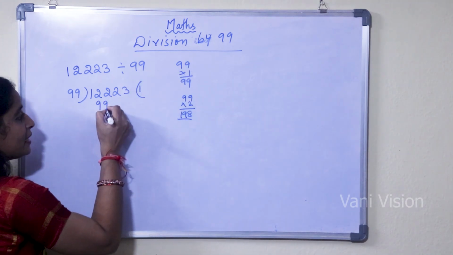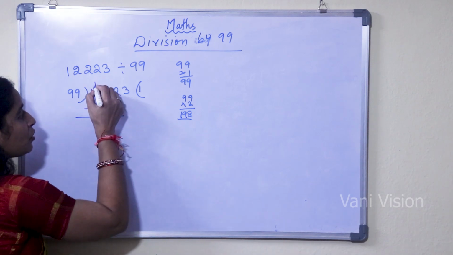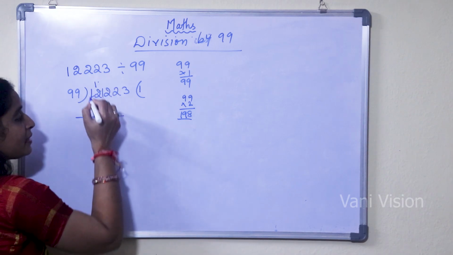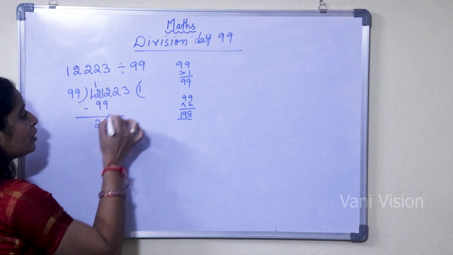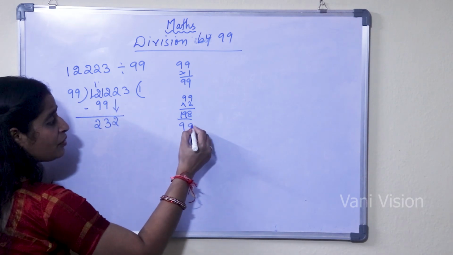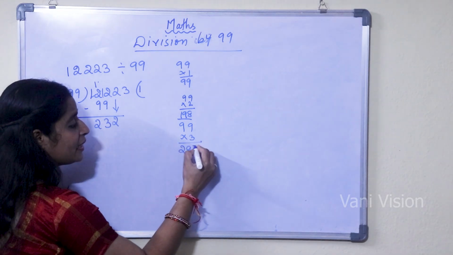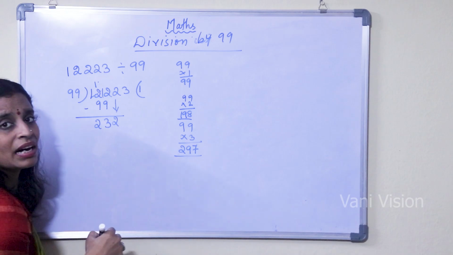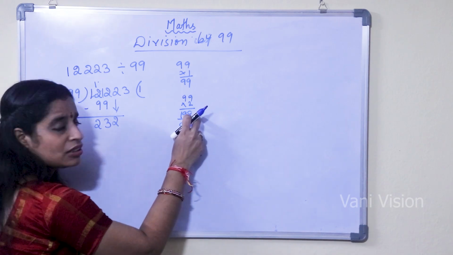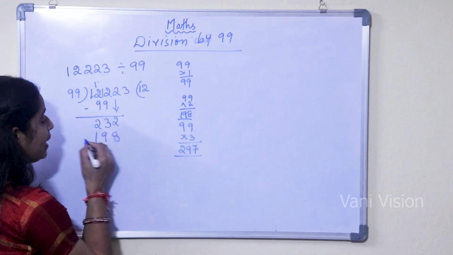Subtracting 99 from 122: from 2 I cannot subtract, so take a borrow. 9 minus 11 is 2. Then bring this 2 down. 99 threes are 297, which is bigger than this, so I should go for 2. 99 twos are 198.